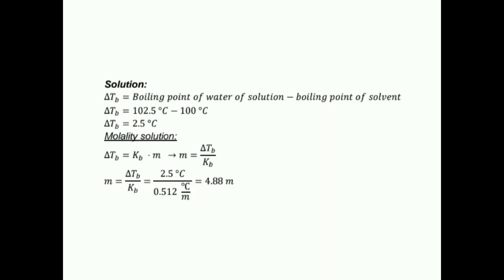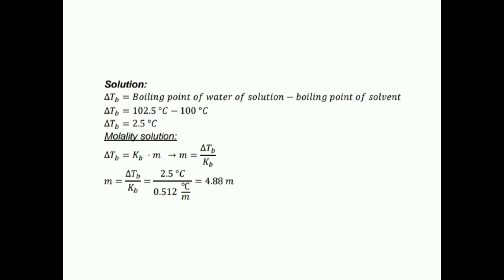So for the solution, in order to determine the change in boiling temperature of water, we need to subtract the boiling point of the solvent from the boiling point of the solution, and that is 102.5 degrees Celsius minus 100 degrees Celsius, which is equal to 2.5 degrees Celsius. To find the molality of the solution, we use the equation delta Tb is equal to Kb times m.